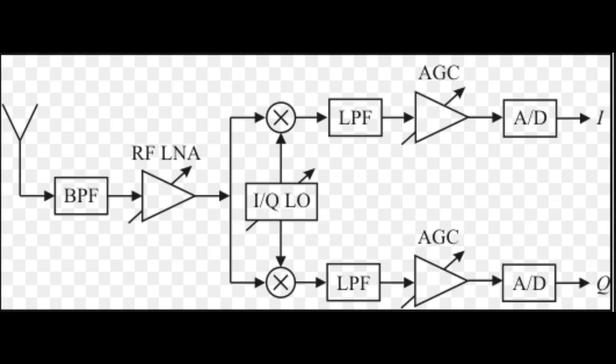And our question is, what is the bandwidth? Well, because now we are showing two analog to digital converters after an IQ modulator, the bandwidth is not 24 kilohertz. The bandwidth is now 48 kilohertz.